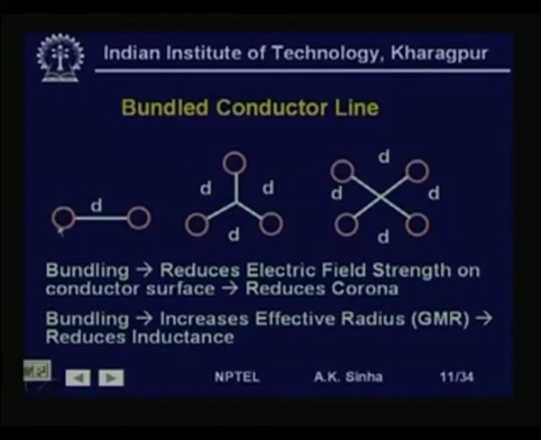Then the surface area of 1 meter length of the conductor, in case we are using two conductors instead of one, will be 2 pi into r by root 2, so it will be root 2 into pi r, whereas in the other case it will be 2 pi r only.